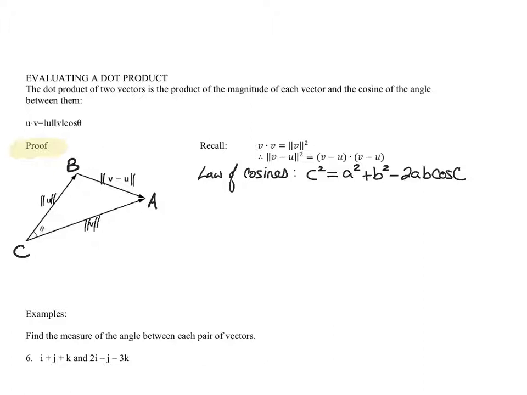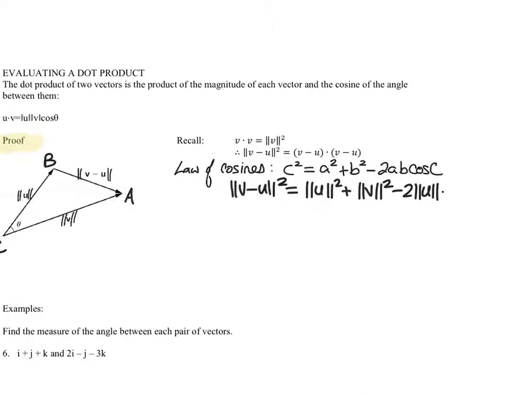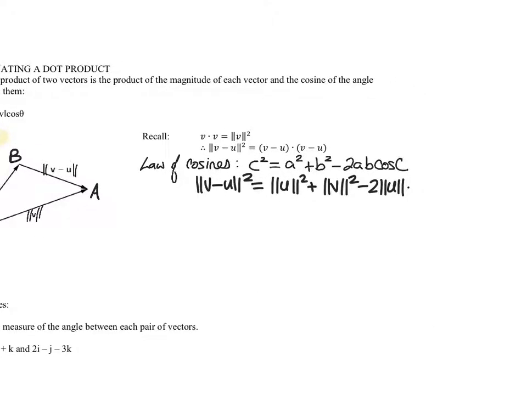And we'll be looking at the magnitude of V minus U, squared, is equal to U squared plus V squared minus 2 times U times V times the cosine of C.